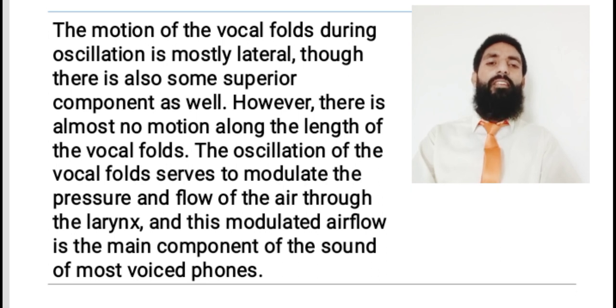If the air is passing abundantly, you will be able to produce louder sounds, and if air is passing in less amount, we produce a lesser amount of sound. So this process can easily be understood from this lecture.